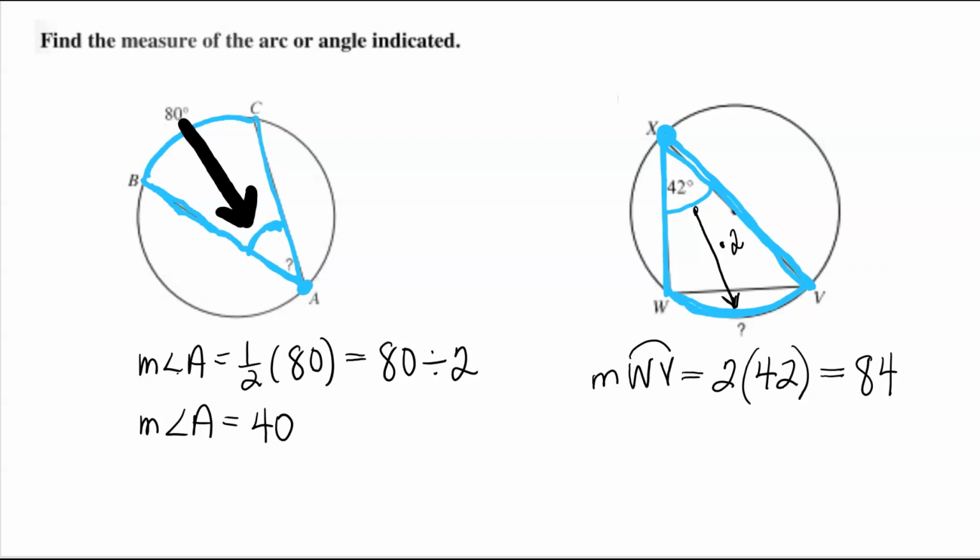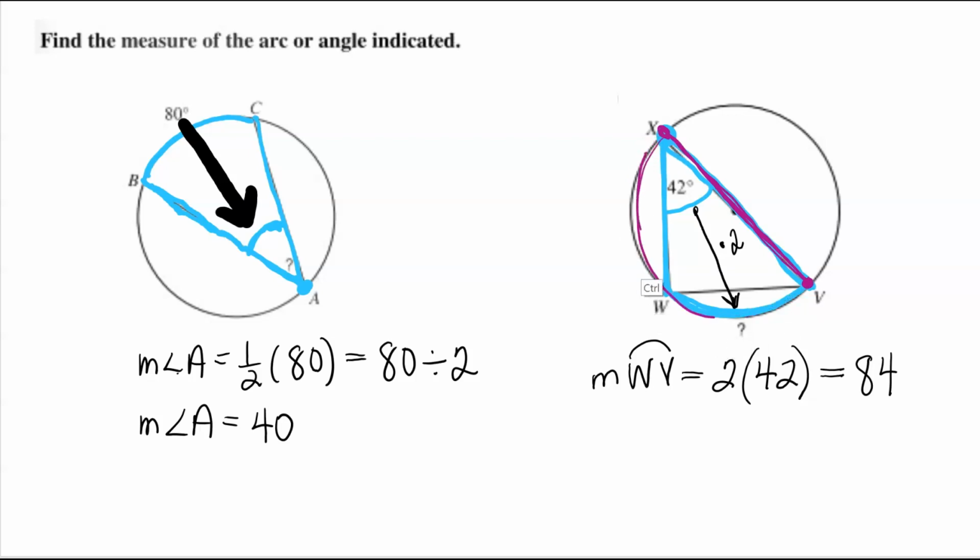Now, I just want to bring up another part to this particular problem. This purple line here is a diameter. It's a diameter because it passes through the center and its endpoints are on the circle. If that is a diameter, this is a semicircle.